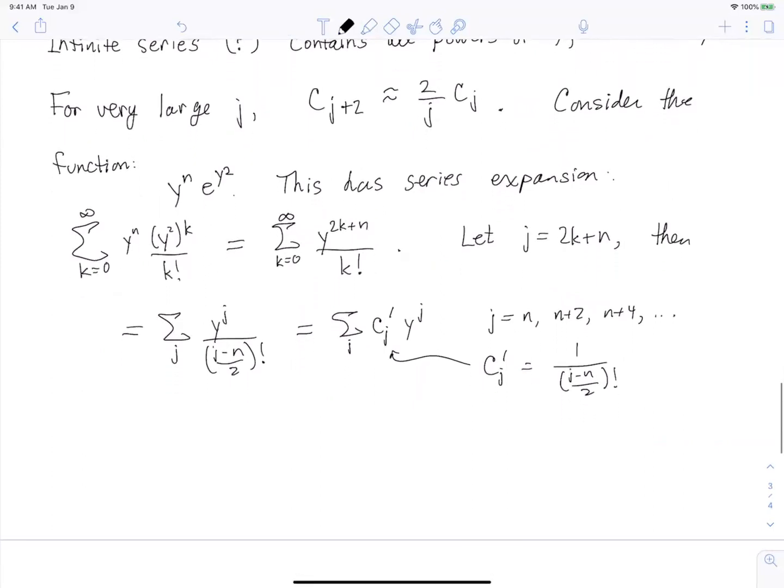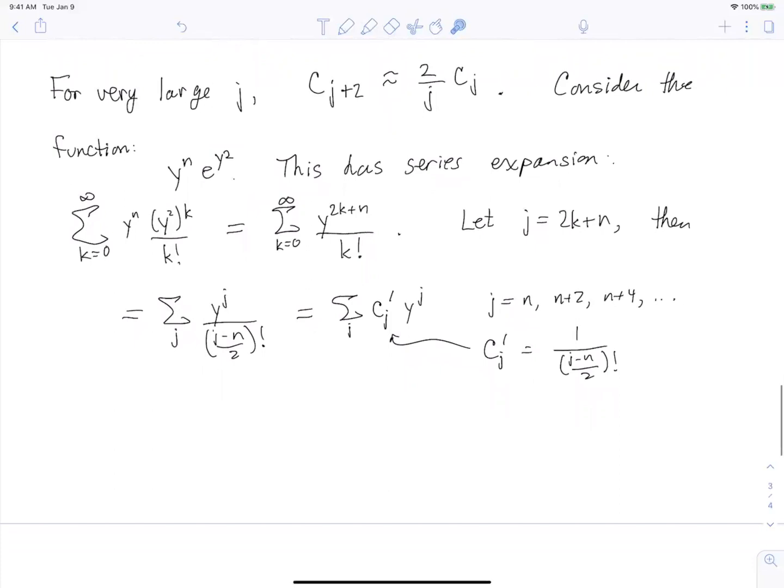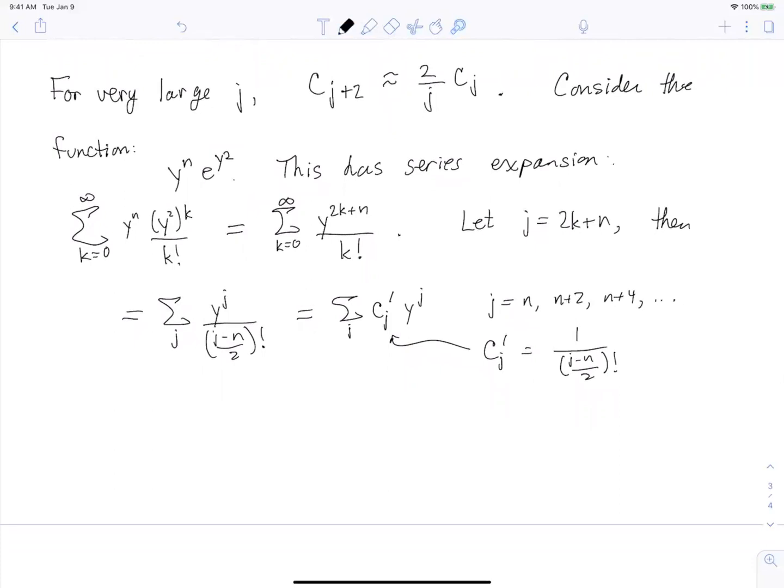Okay, so we're just looking at this function to see how it compares to the function we've solved for. And so we notice that they have very similar coefficients. In fact, c j plus 2 prime is 1 over j plus 2 minus n all over 2 times c j prime, which is approximately 2 over j times c j prime.